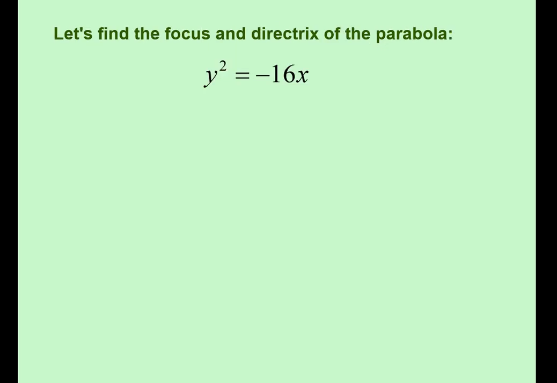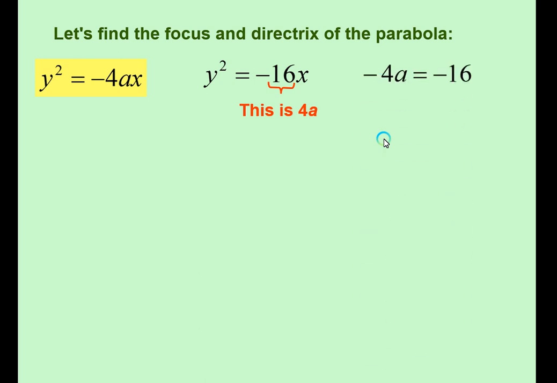Let's find the focus and directrix of the parabola given y squared is equal to negative 16x. We have y squared is equal to negative 4a x. Take note that we have put negative here because our equation is negative. So therefore, we will have y squared is equal to negative 4a x. This one is your 4a, so 4a is equal to negative 16.